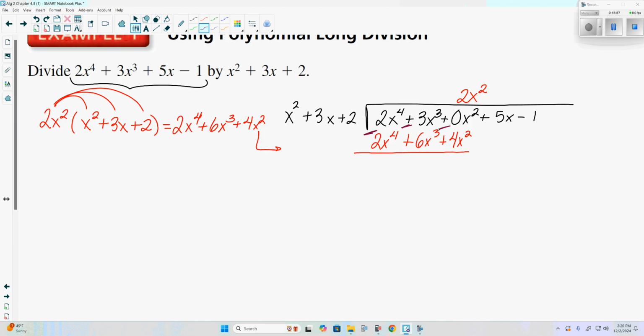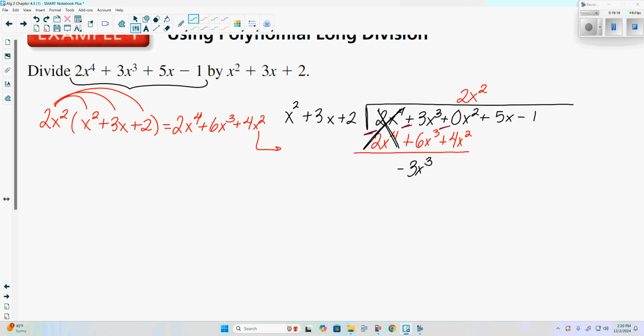And then, like we did on the last one, we're going to subtract. 2x to the fourth minus 2x to the fourth is 0. It's gone. 3x cubed minus 6x cubed, 3 minus 6, negative 3.